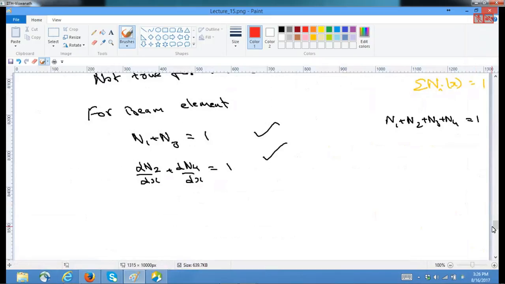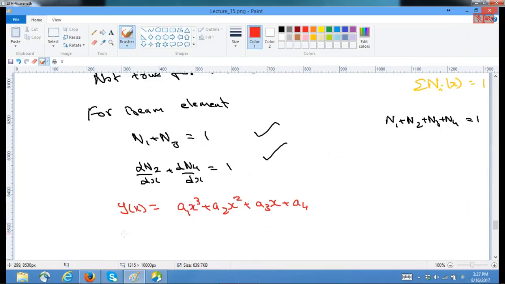One is n1 plus n3 equals 1, which represents that all the rigid body displacements can be obtained through the given shape function. And similarly, dn2 by dx plus dn4 by dx equals 1, which represents that all the rigid body rotation can also be obtained by the assumed y of x, which is nothing but a1 x cube plus a2 x square plus a3 x plus a4.